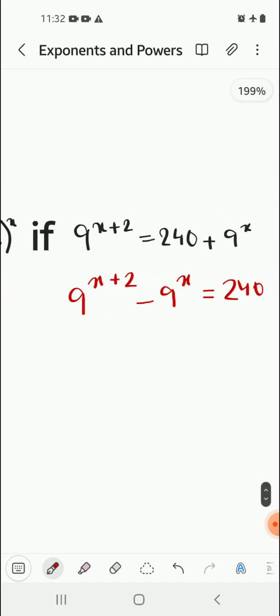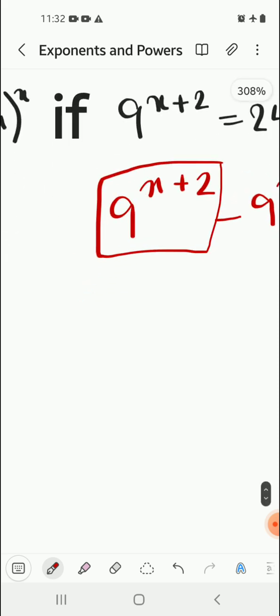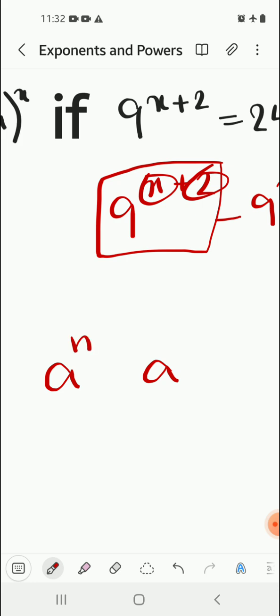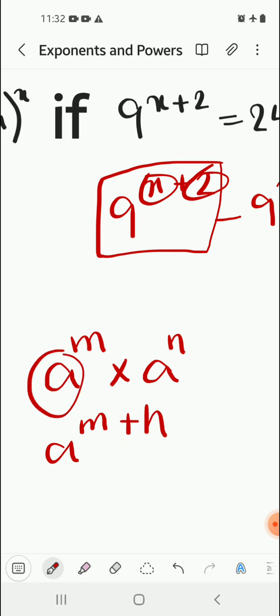After this, if we carefully observe, we have already learned about the law of indices: the powers are added if the base is the same. That is, a to the power m multiplied by a to the power n becomes a to the power m plus n. For the same base, the powers are added when we are doing multiplication. So over here also the same thing is done.